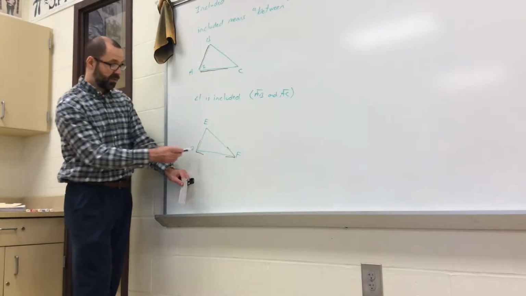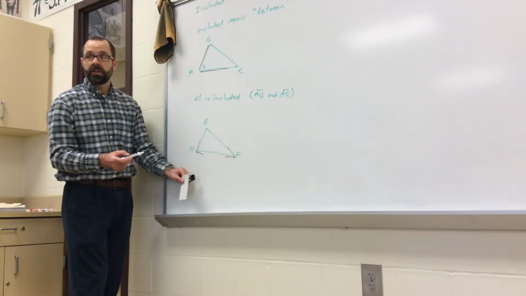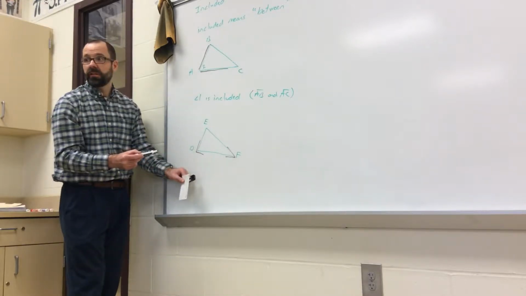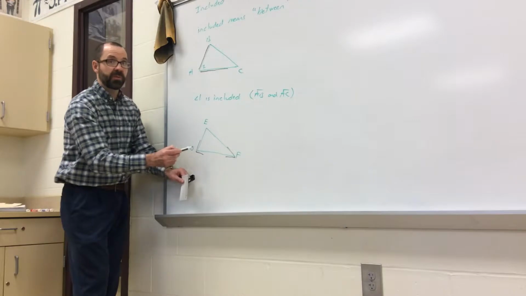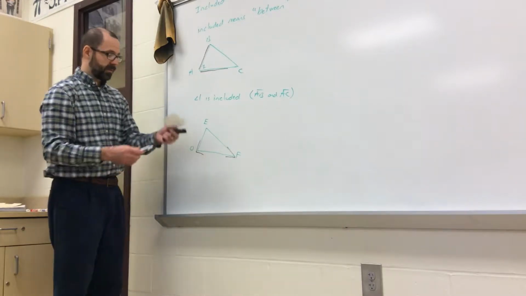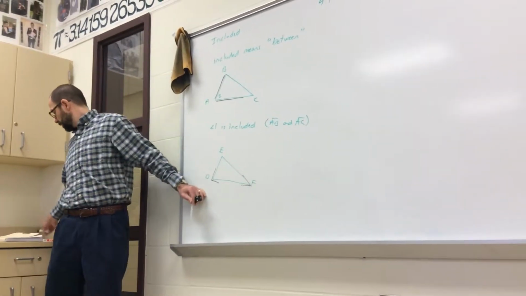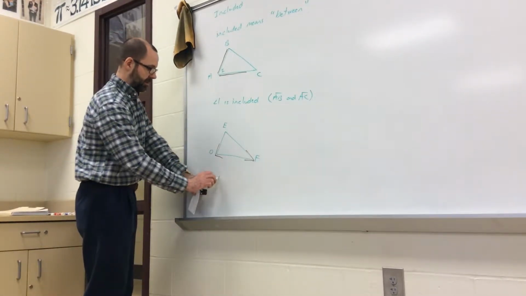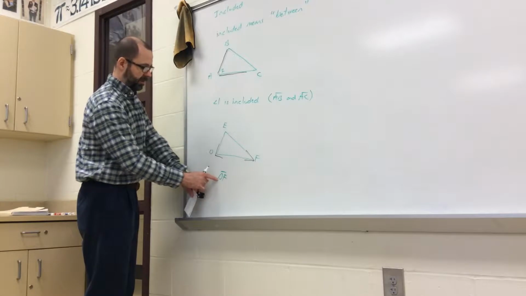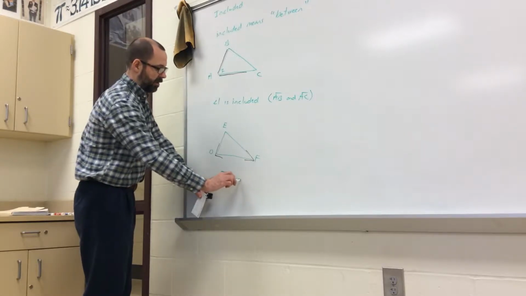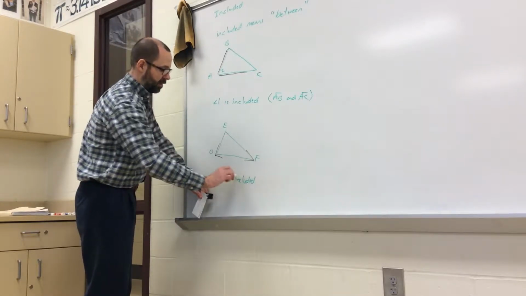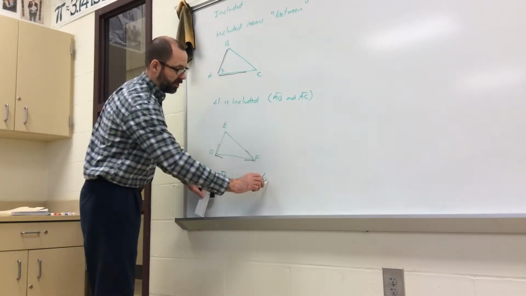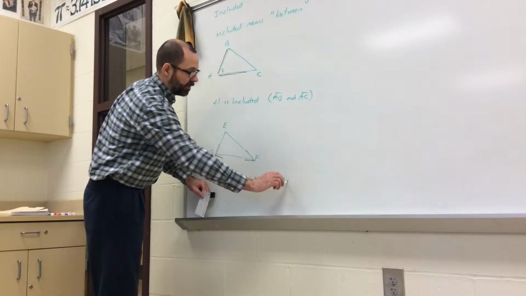And if you're looking at those two angles, then this side is included. This side is in between the two angles. DF is included in this picture, if you're focusing on angle D and angle F.